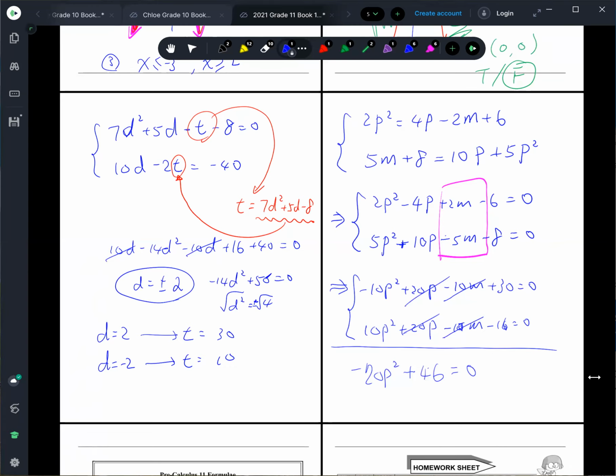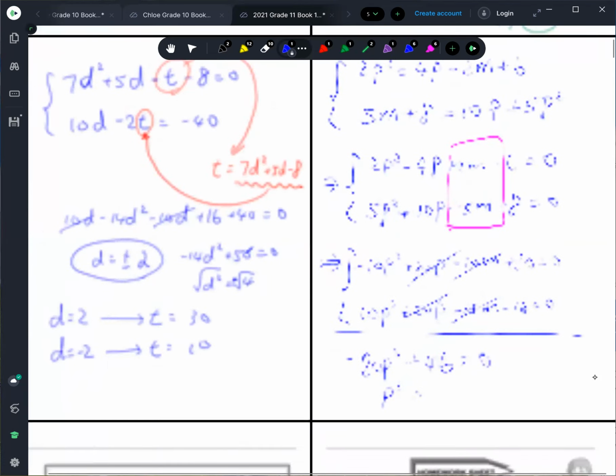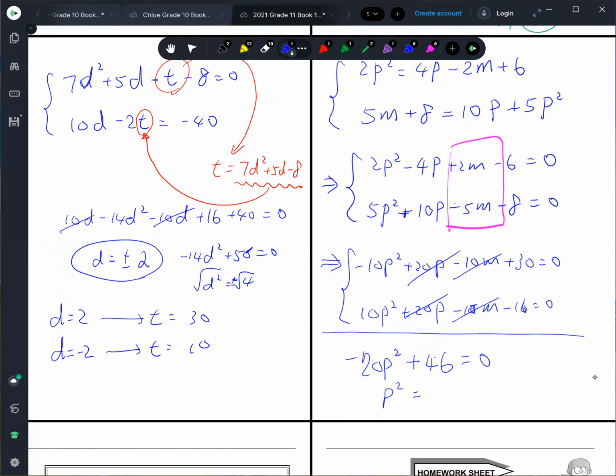So it'd be -46 minus 20p squared. 20p squared. So p squared equals -46 over 20. You could simplify that, I believe.